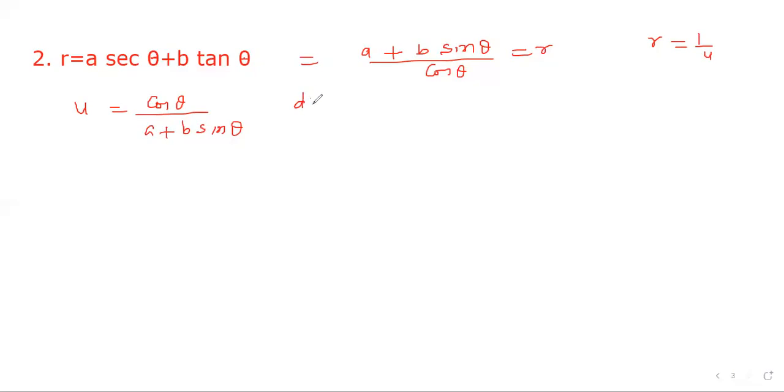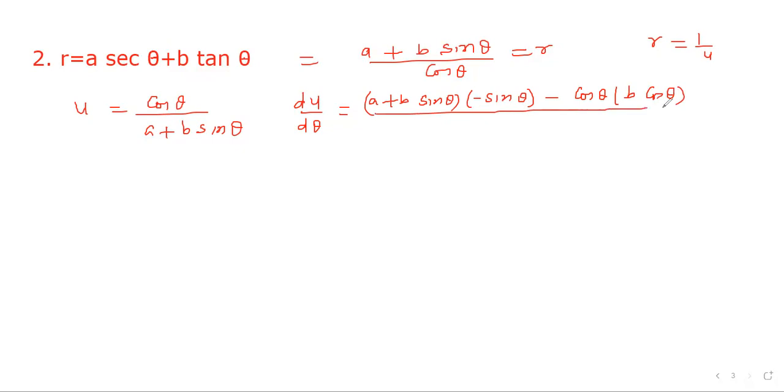We find du upon d theta. So the quotient rule applies. A plus b sine theta, denominator, into differentiation of numerator minus sine theta, minus numerator into differentiation of denominator, so b cos theta, whole divided by denominator square, a plus b sine theta whole square.